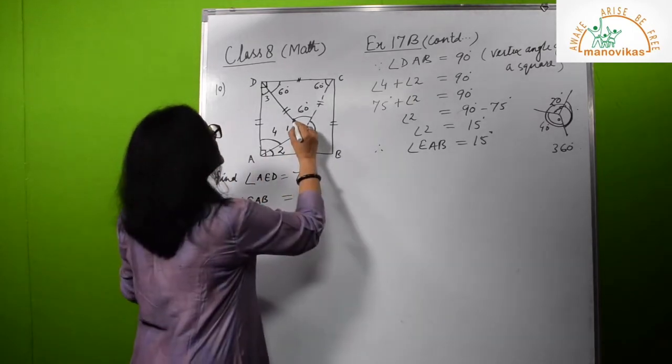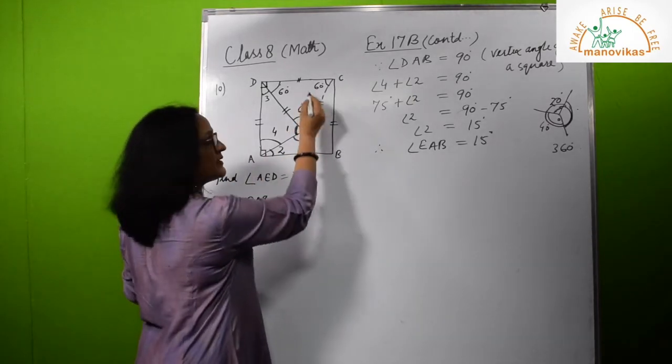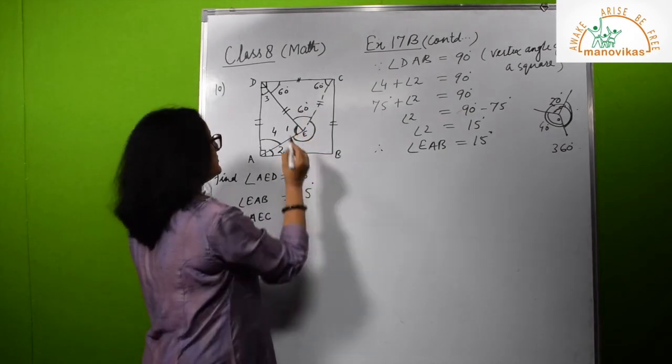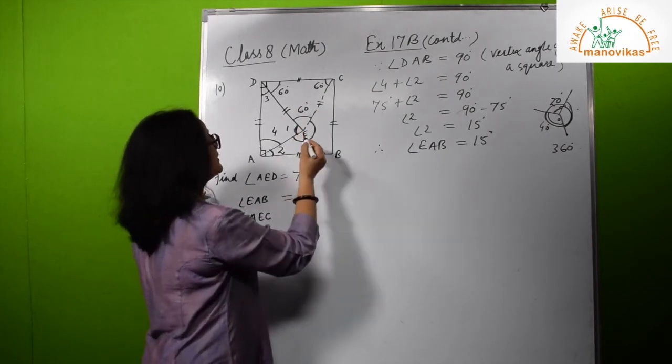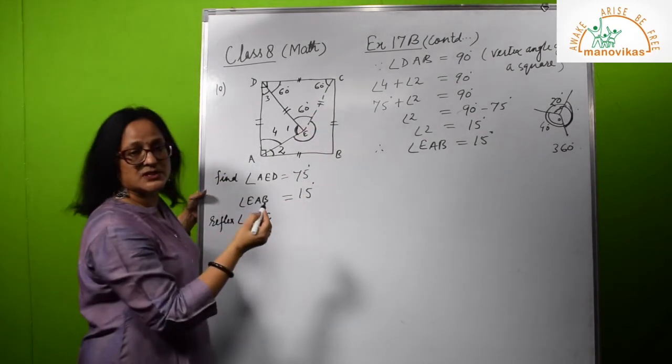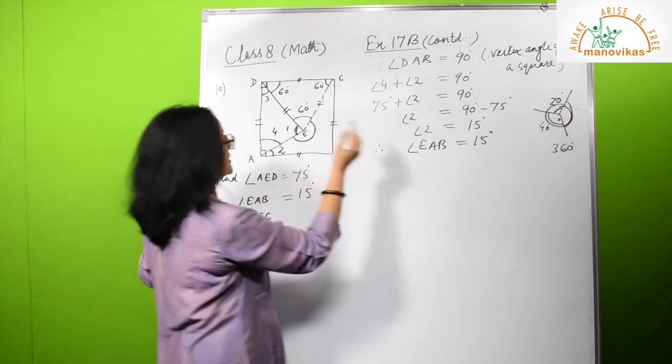So we add this 60 degrees, being the angle of an equilateral triangle, angle 1 we have already found, 75 degrees, plus angle AEC is equal to 360 degrees.